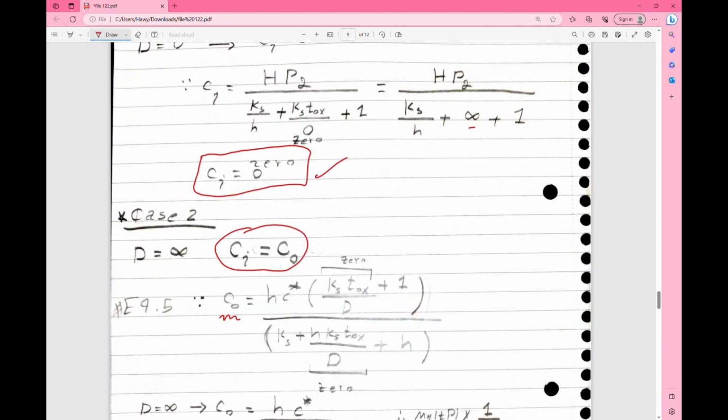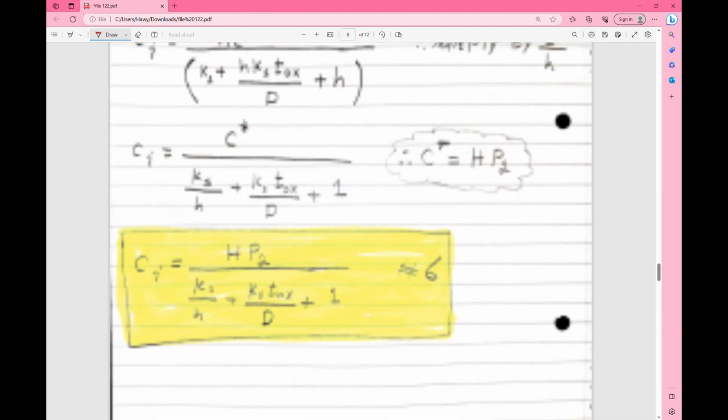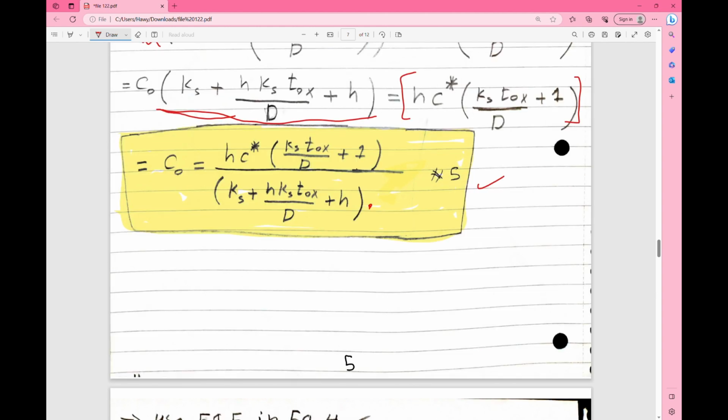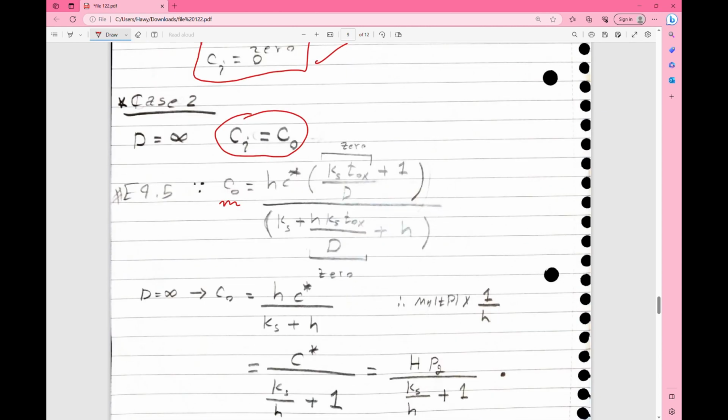Here I just start from C naught. If we go back to the equation for C naught, you will see that we have d here and d here. Just put infinity on it. Now this part will be equal to 0 and this part equal to 0.